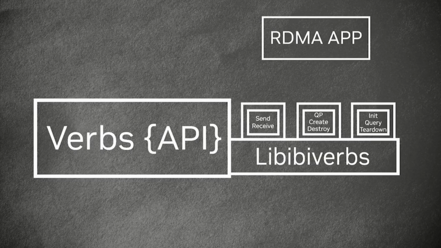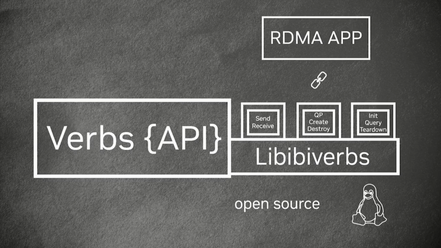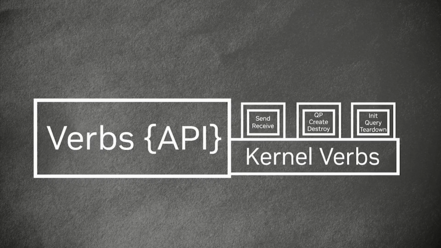It means that the application has to link against this library to get RDMA operations going. libibverbs is open source and it is available for multiple Linux distributions. It also has a kernel counterpart for device drivers willing to use RDMA. Our focus will be on the user space, user level, and libibverbs.